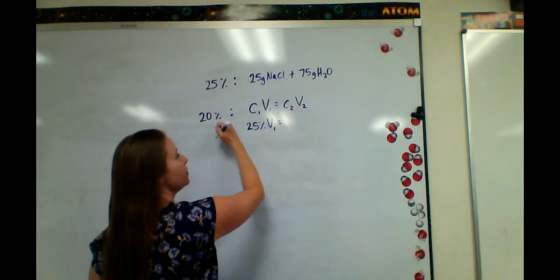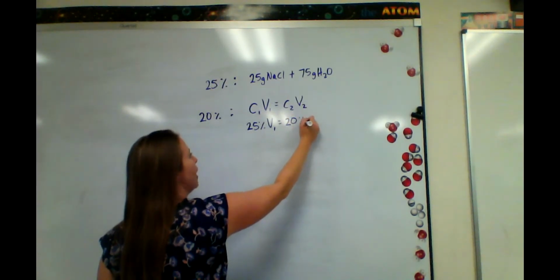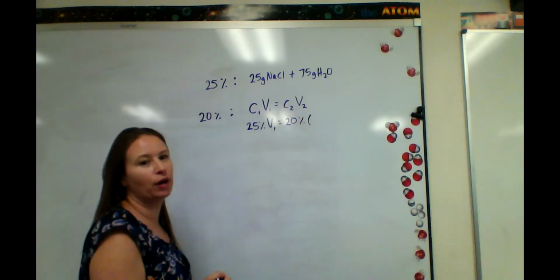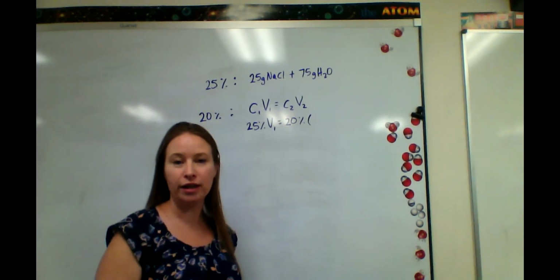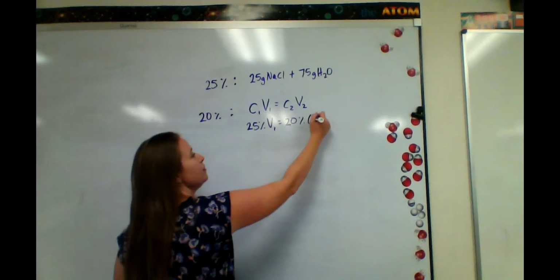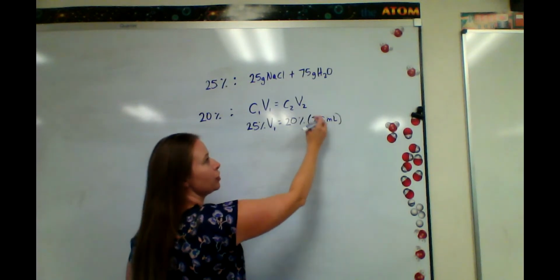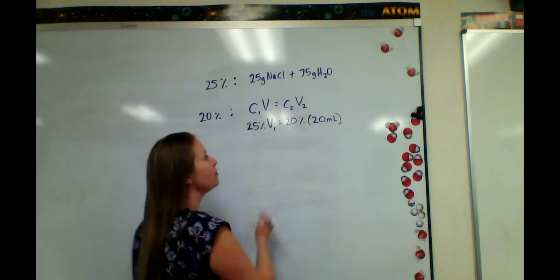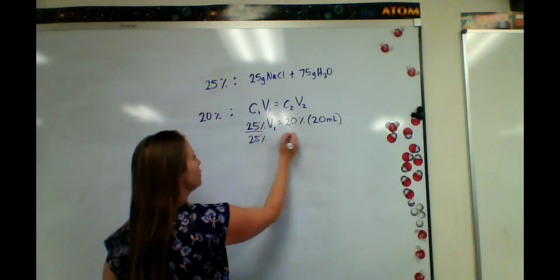C2 is the concentration we want to get to, so 20%. And V2 is how much of that we want to prepare. Since we're going to need 10 milliliters, we're going to make 20 just to be safe and make sure that we have enough. So 20 milliliters is how much of my new diluted solution I want to end up with. So if I solve for V1, I'm going to divide both sides by 25%.